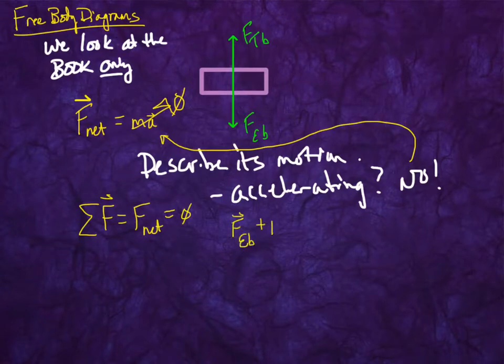And that gives us that the force of the earth on the book plus the force of the table on the book equals 0. The sum of our forces equals 0. Now, one of them is in the positive direction, one is in the negative direction.